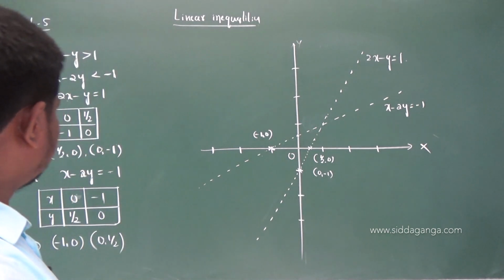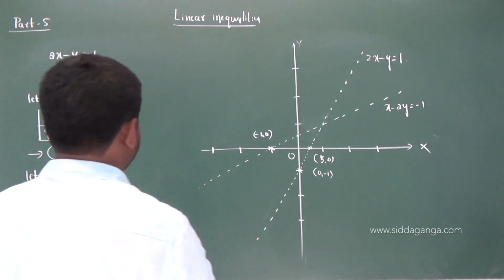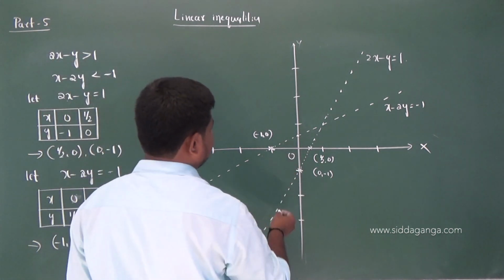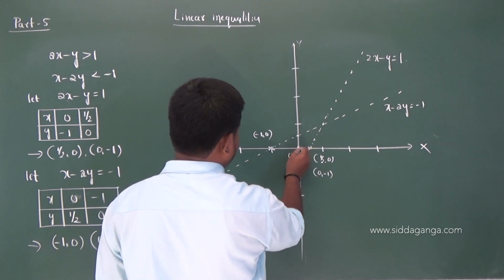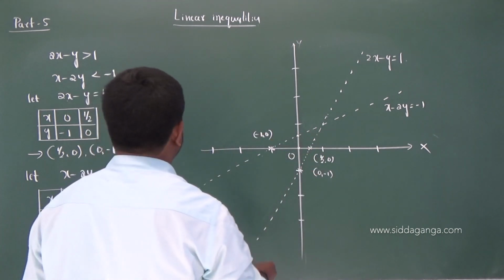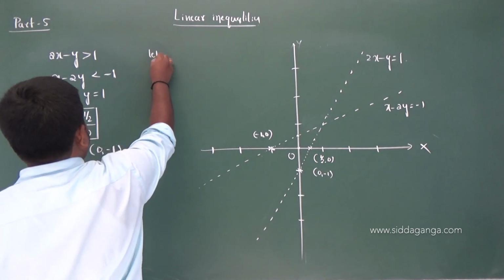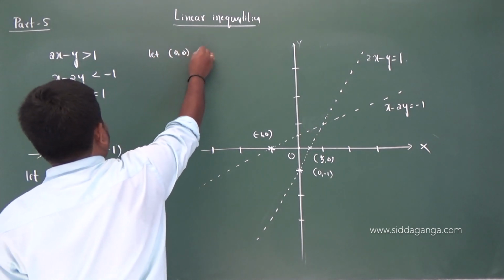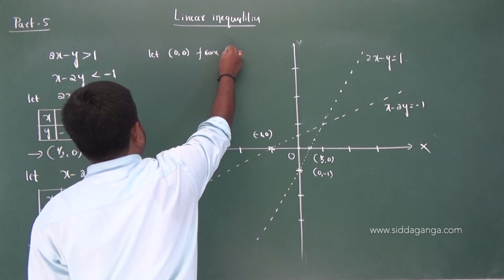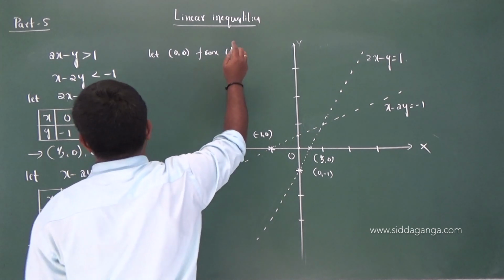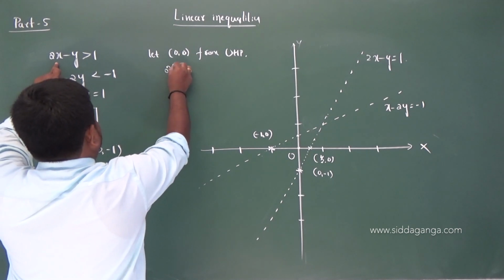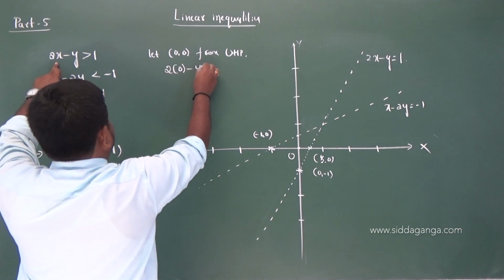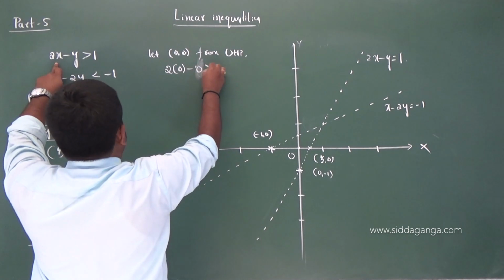Okay. Now let's check the solution region for the first inequality, that is 2x minus y is equal to 1. 0 comma 0 comes in the upper half plane. Let us check the inequality 2x minus y is greater than 1. So 2 into 0 minus 0 is greater than 1.